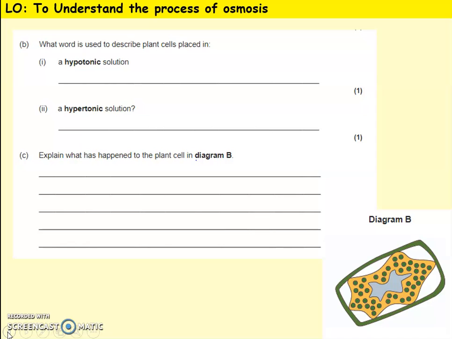And lastly, explain what's happening in diagram B. In diagram B, the solution outside contains less water than inside the cell, so the water moves out by osmosis. The cytoplasm pulls away from the cell wall and the cell becomes plasmolyzed.